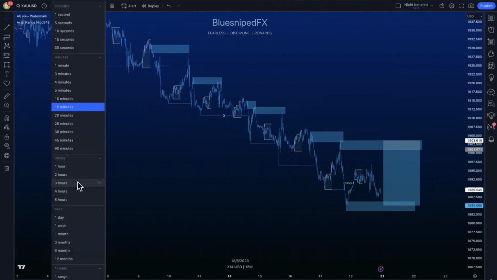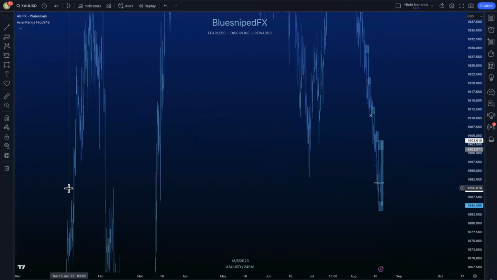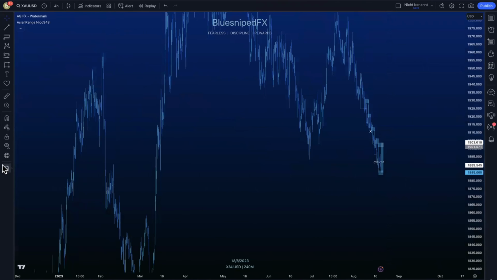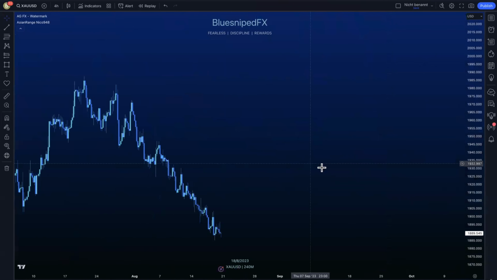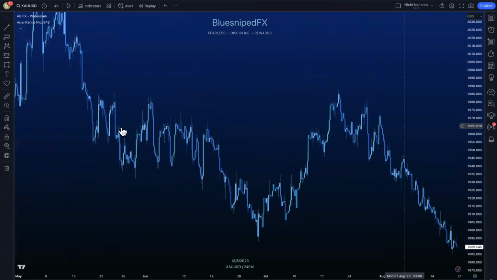Now let's head to the second topic, where you actually find reversals in the higher time frame. Now to find it, here, for example, we have a nice example.